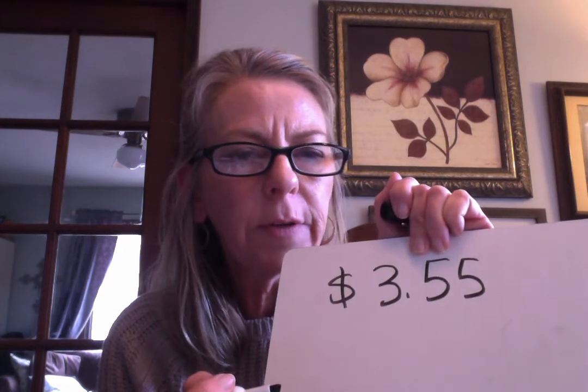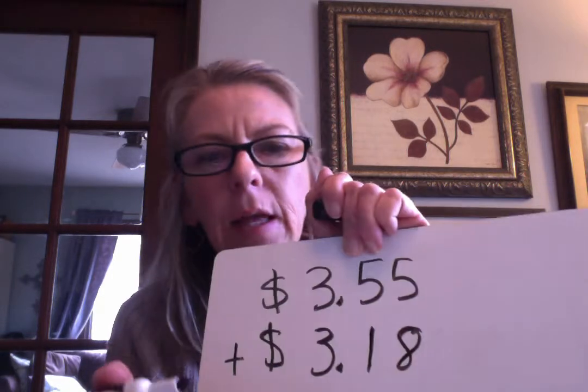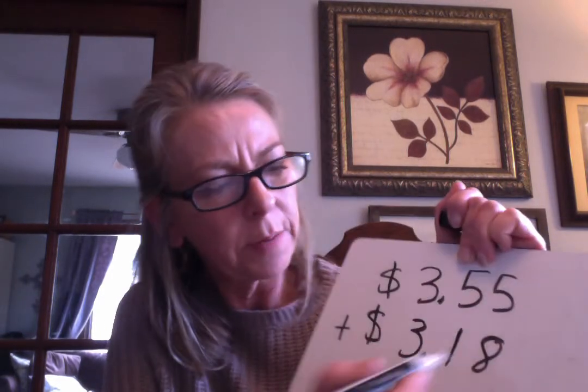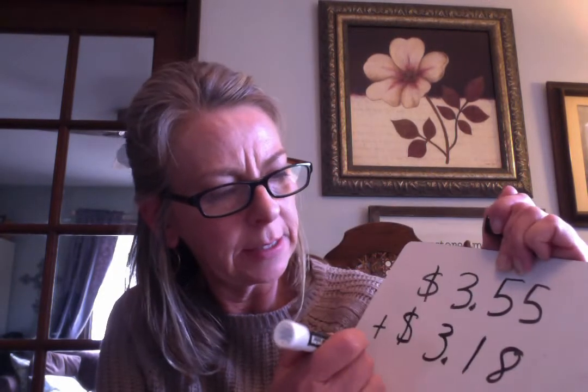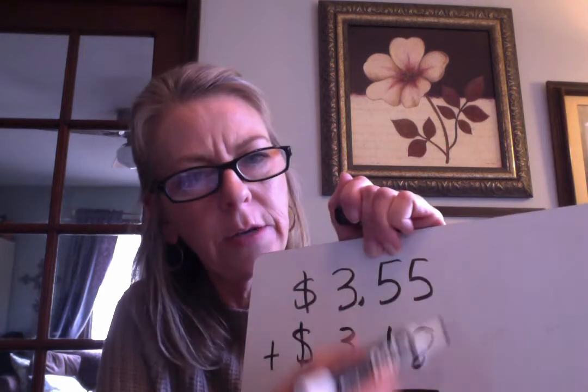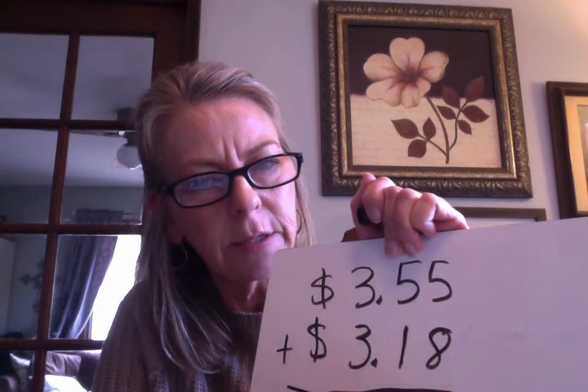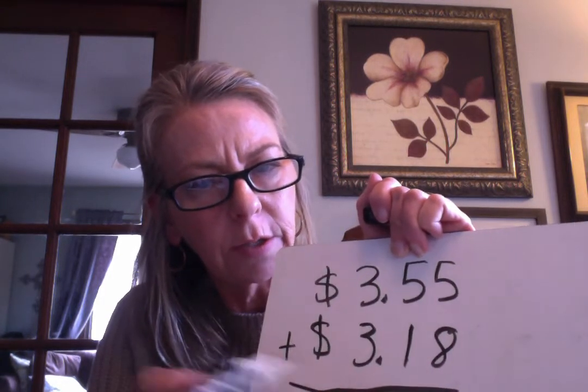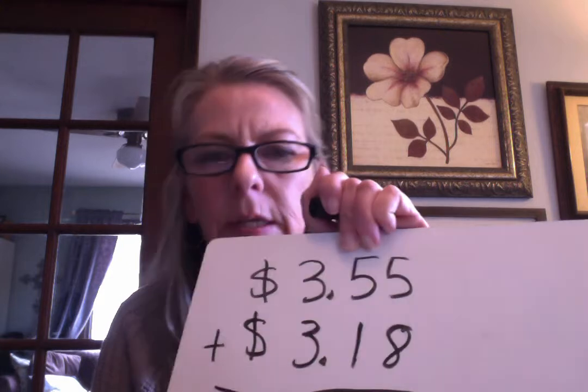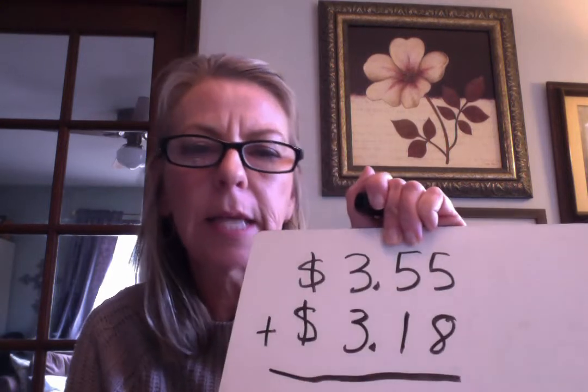So $3.55, and we're going to add $3.18. And remember, when you're adding or subtracting money, you always want to make sure your decimal's in the same place, that your hundredths are in the same place, your tenths are in the same place, your dollars are in the same place, your dollar signs. Get it all nice and neat and organized.